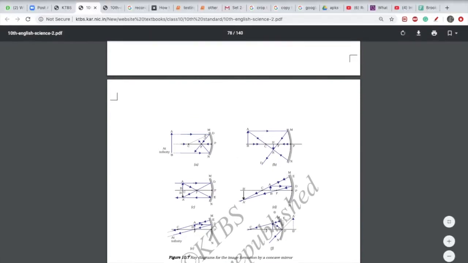Image is formed when multiple rays of light intersect. So now we will draw two rays of light. Wherever they intersect, that's where the image is. Let us look at it in more detail when I actually show you how to draw the ray diagram for some cases.